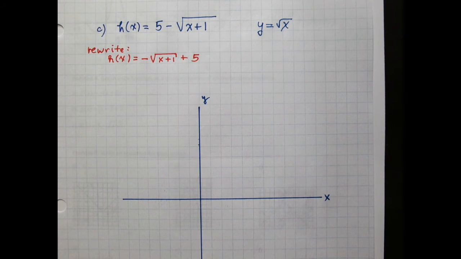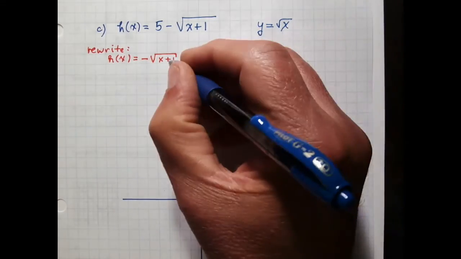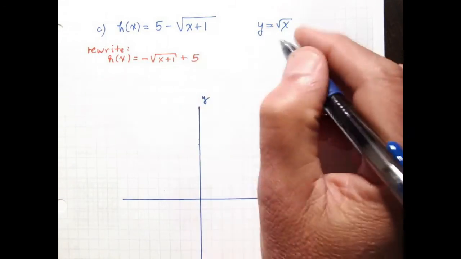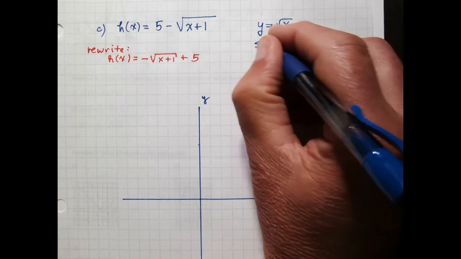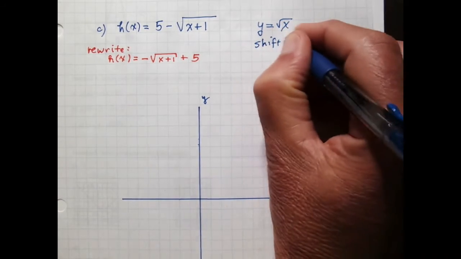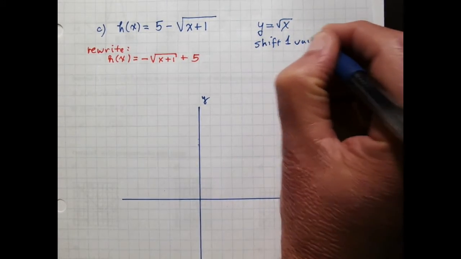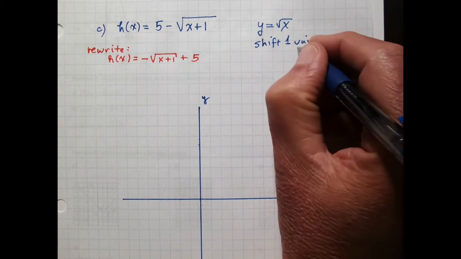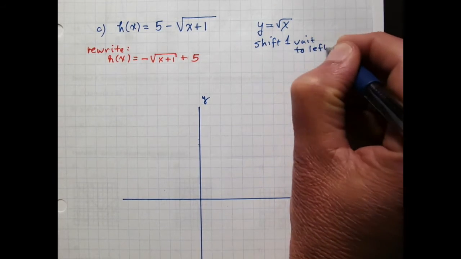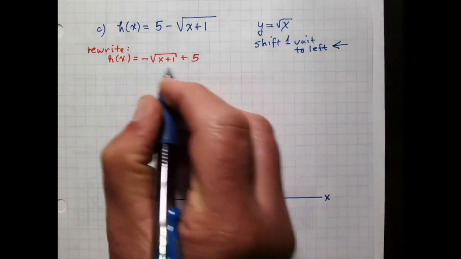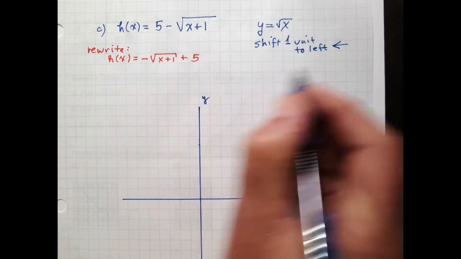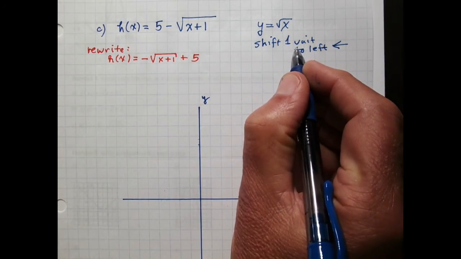So I have 3 operations going on here, working inside the square root to outside. First, I have to shift 1 unit to the left, because I have a plus sign inside the square root, so I have to go to the left horizontally.